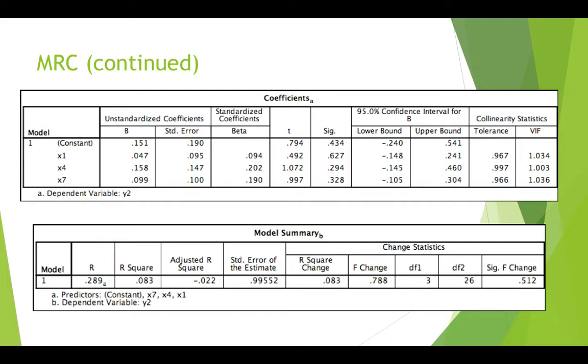But let's take a look at the VIF, and here you can see that my predictors don't have too high of a VIF. Actually, it's not really high at all. So I guess I could say that it doesn't really influence my standard error too badly, but one never really knows.